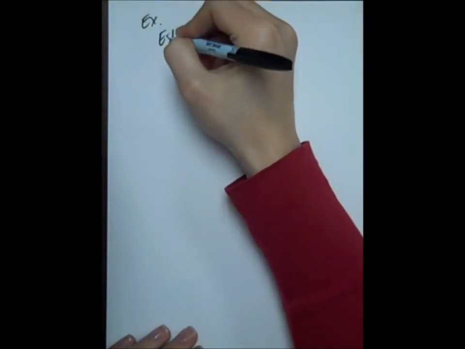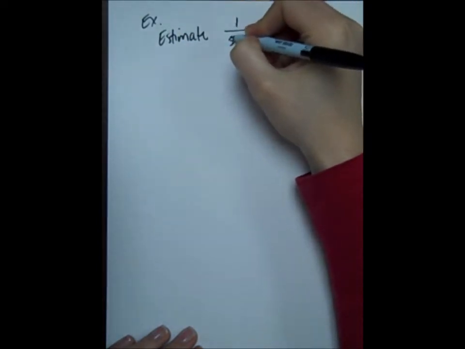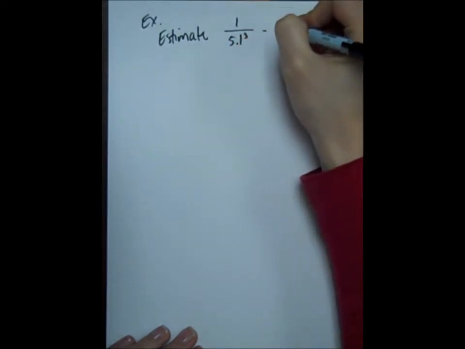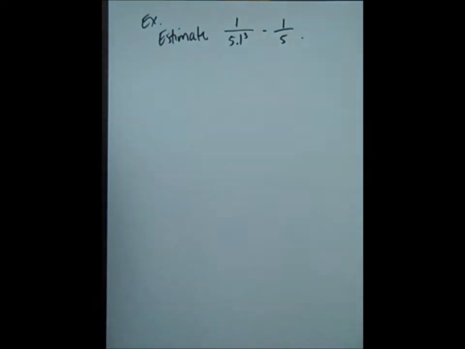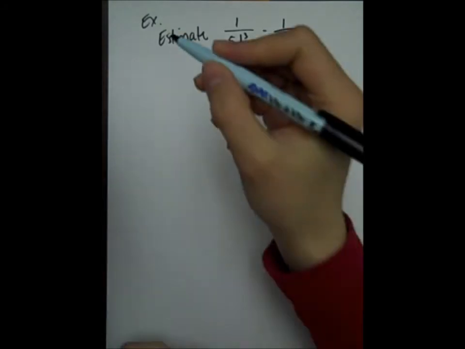Let's estimate 1 over 5.1 cubed minus 1 over 5 cubed. So again, the first question to ask here is, am I looking for the change in a function, or am I looking for a function value? Well, here we're talking about subtraction, so that's a change in a function value.